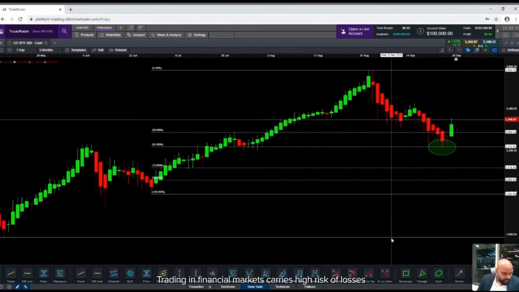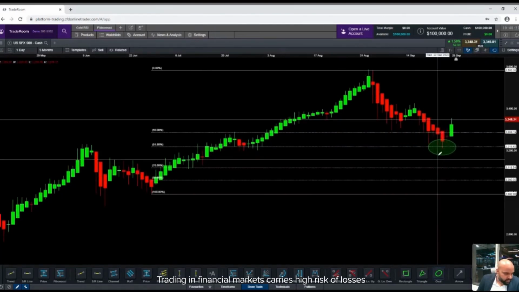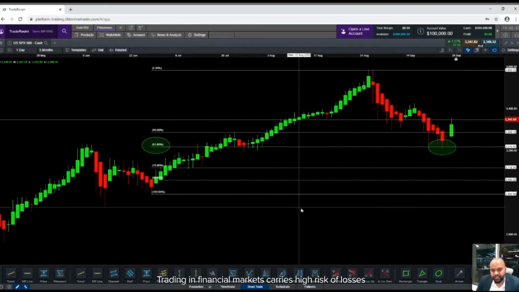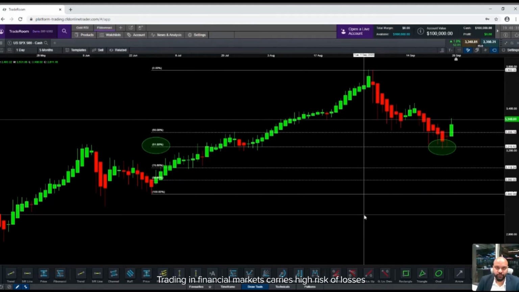Let's look at what this level is. If you go back, this level matches up to 61.8 again. Now, I know 61.8 looks very magical, and it looks like every 61.8 is a buying opportunity. But however, that is not always the case. There are a few things that we need to keep in mind while we are drawing Fibonacci.